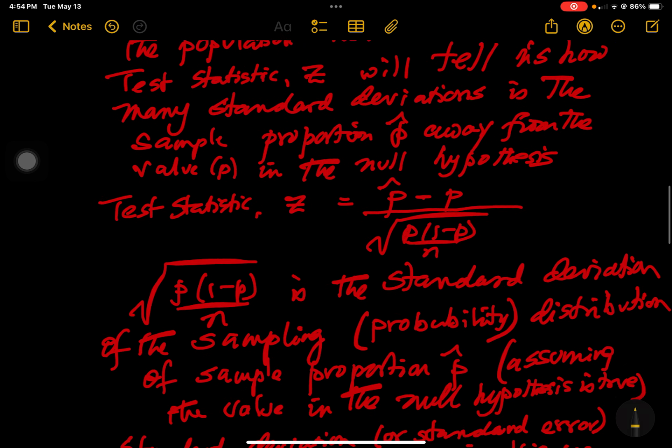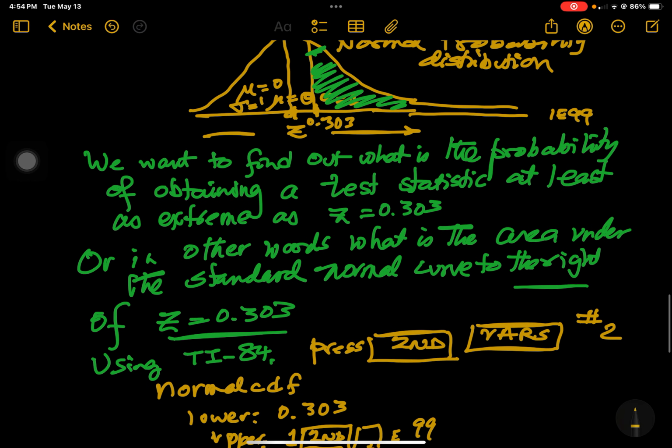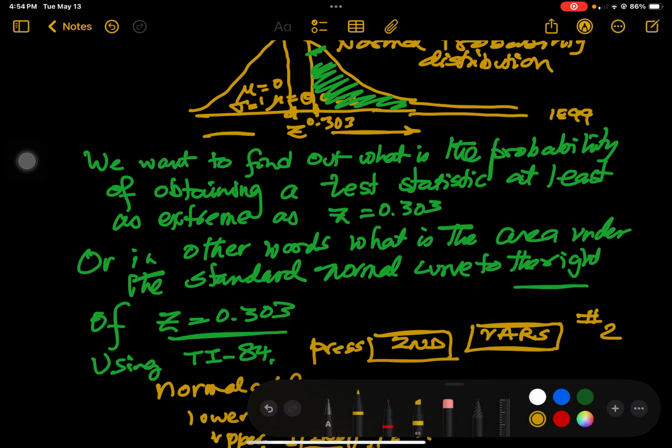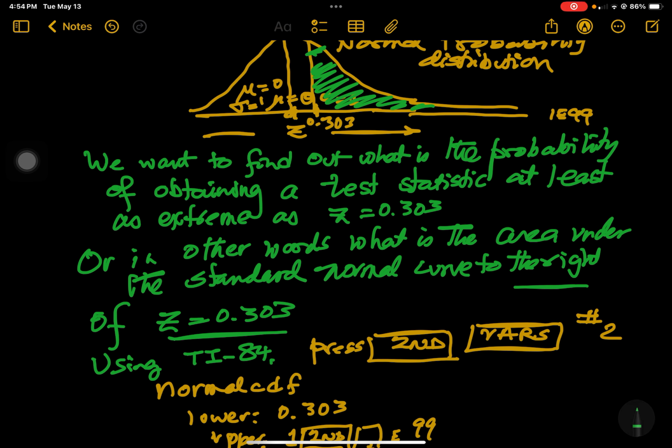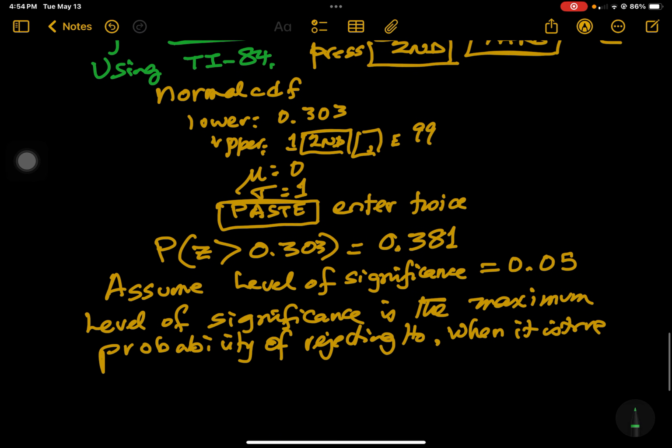So now continuing where we left off. We calculated the p-value, the probability of obtaining a test statistic at least as extreme as 0.303, and that came out as 0.381.